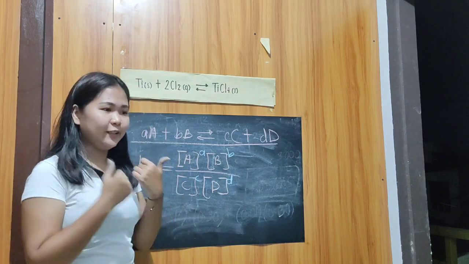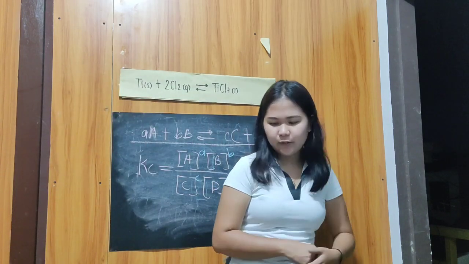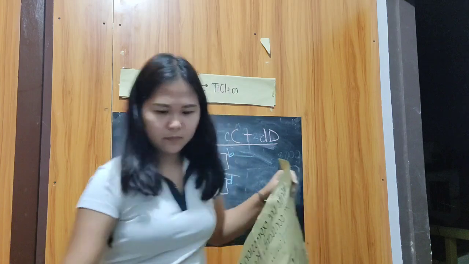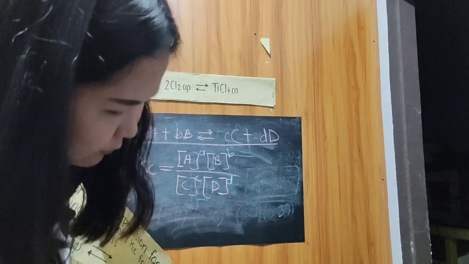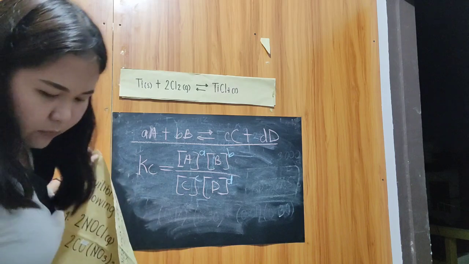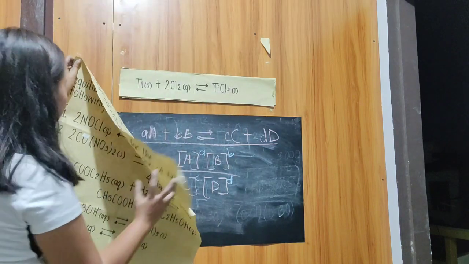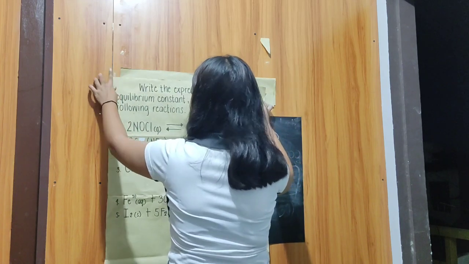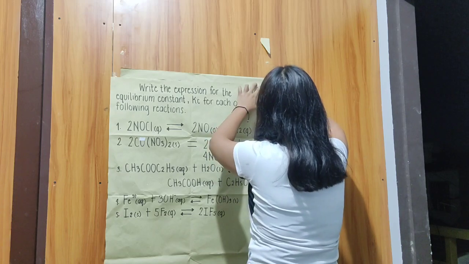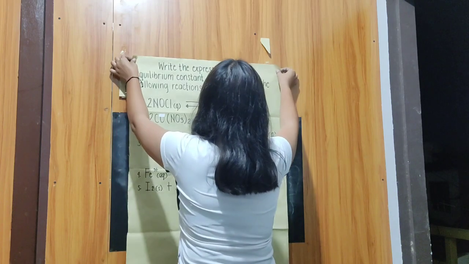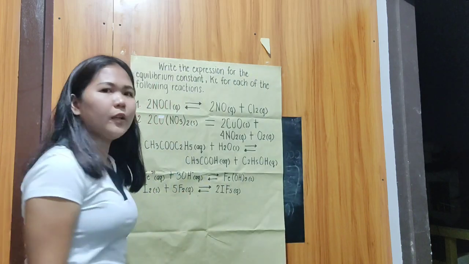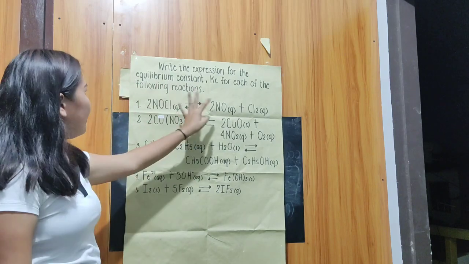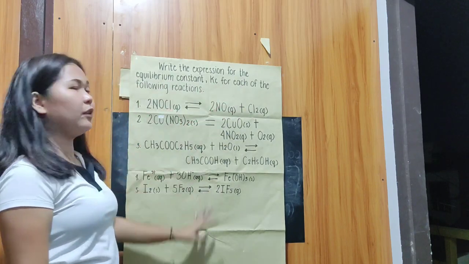Okay, so understood. Okay, so for your activity, you're going to write the expression for the equilibrium constant, EC, for each of the following reactions.